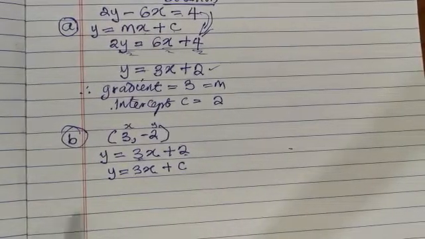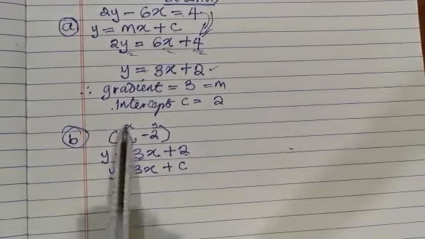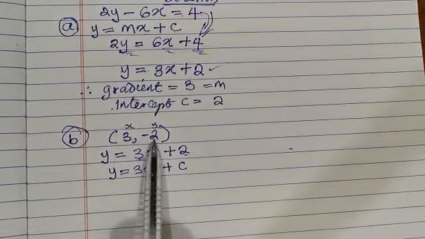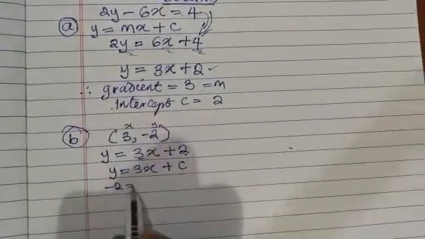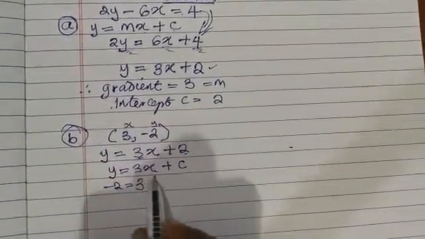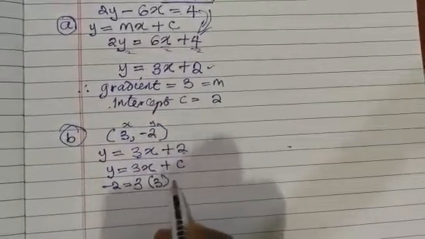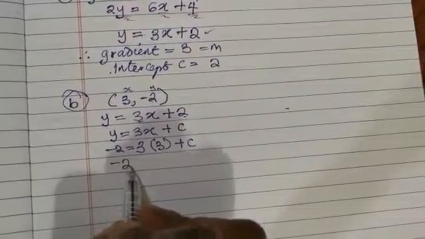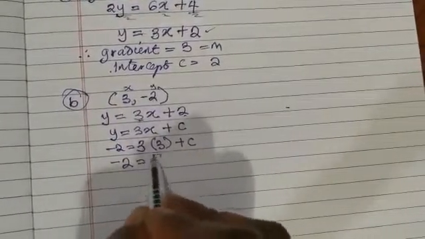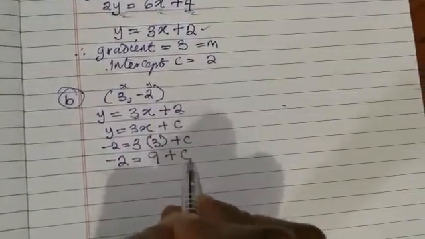Now, if I substitute x is 3, y is minus 2, I will have minus 2 is equal to 3 times 3 plus c. So minus 2 is equal to 9 plus c.